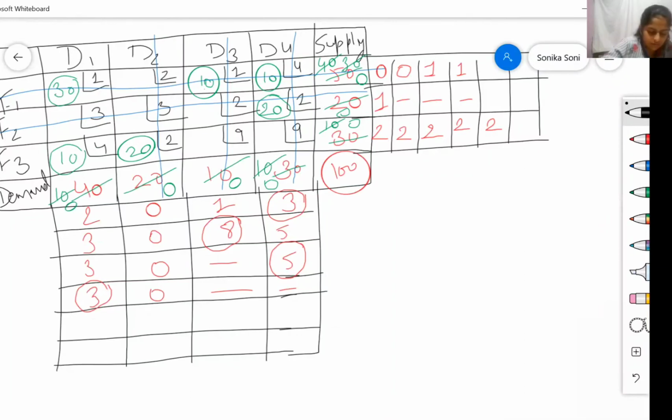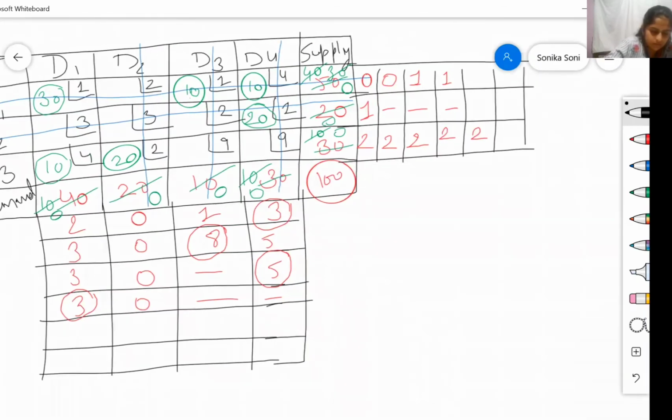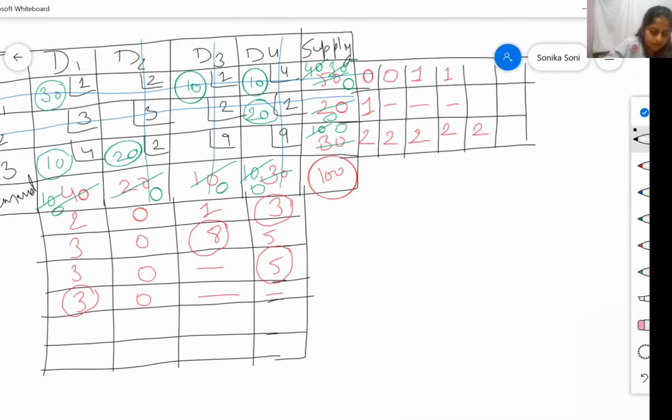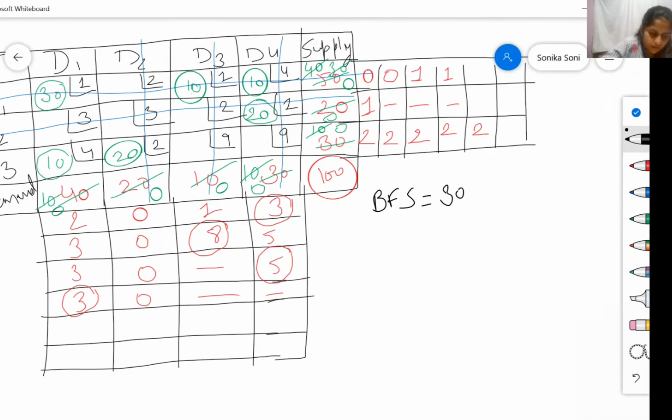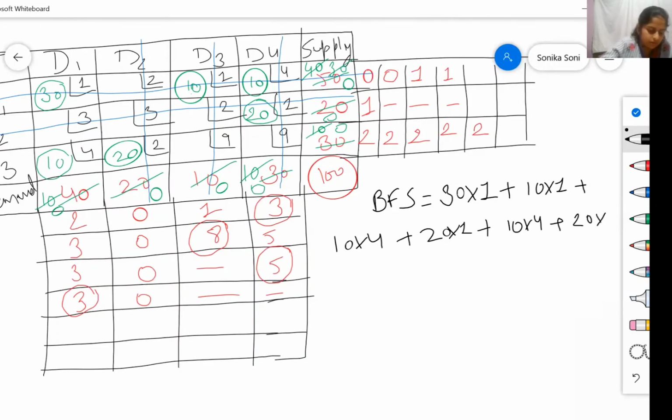That means total transportation cost, or basic feasible solution, is equal to 30 into 1, which is in F1D1, plus 10 into 1, which is in F1D3, plus 10 into 4, which is in F1D4, plus 20 into 1, which is in F2D4, plus 10 into 4, which is in F3D1, plus 20 into 2, which is in F3D2.